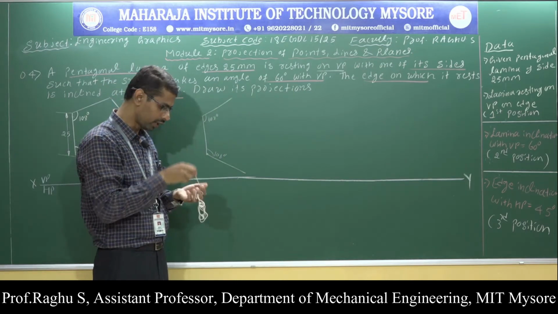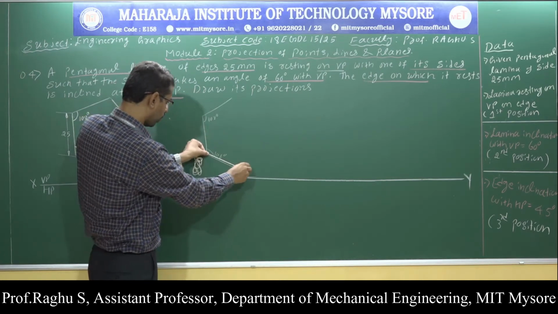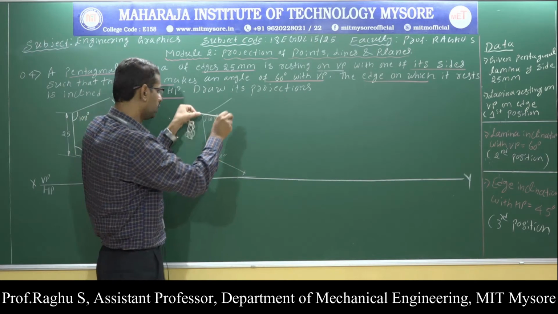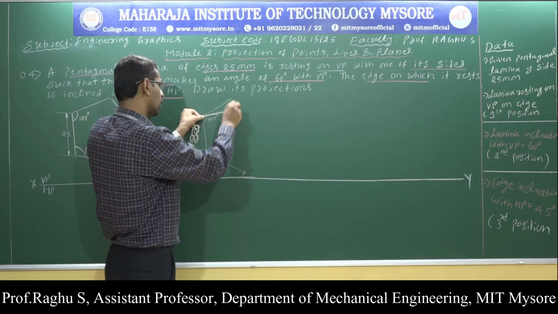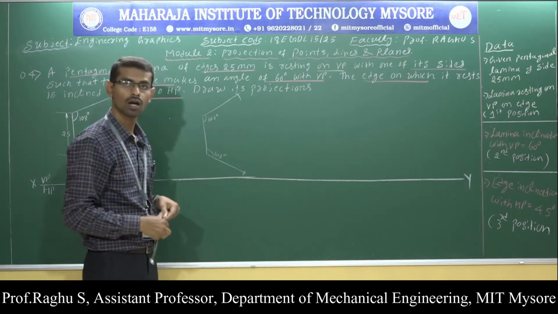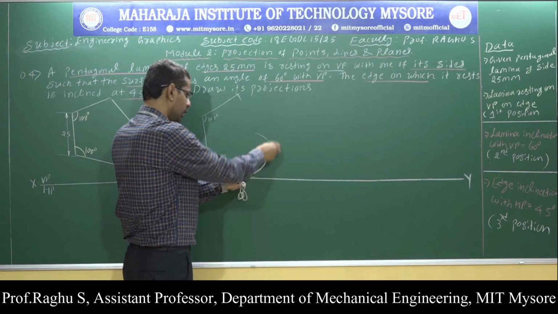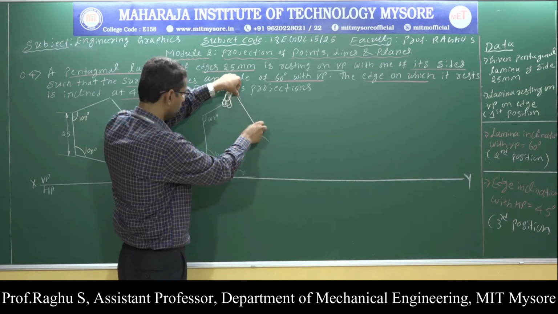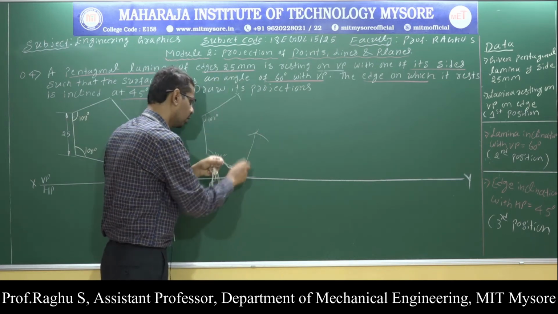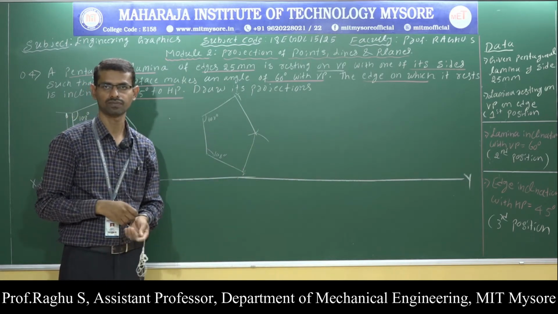After drawing the 108 degree lines, take 25 mm and from this point cut an arc, extend the line. After this again take 25 mm length using the compass, cut an arc from this point and join these two points. So you will get the pentagonal lamina.